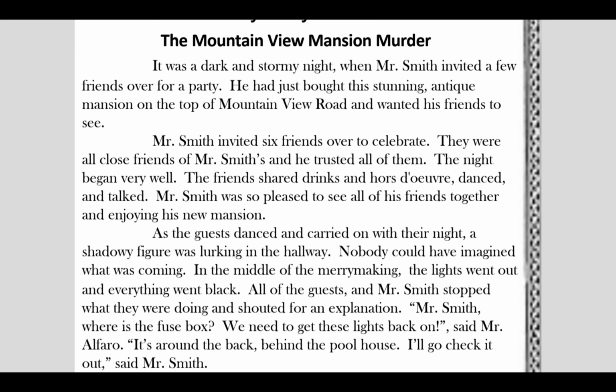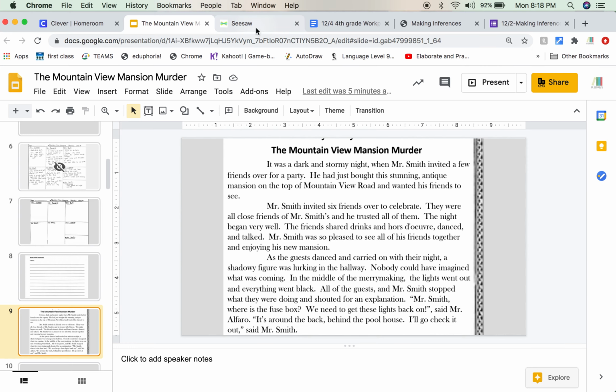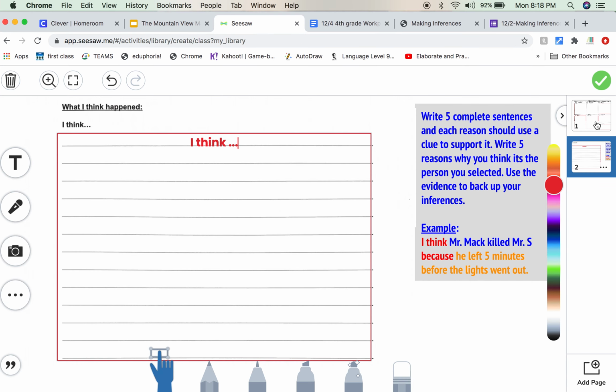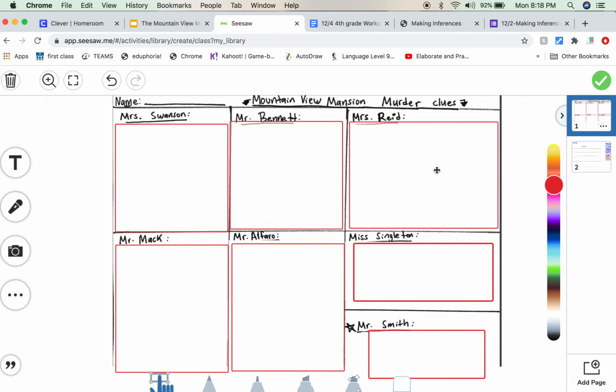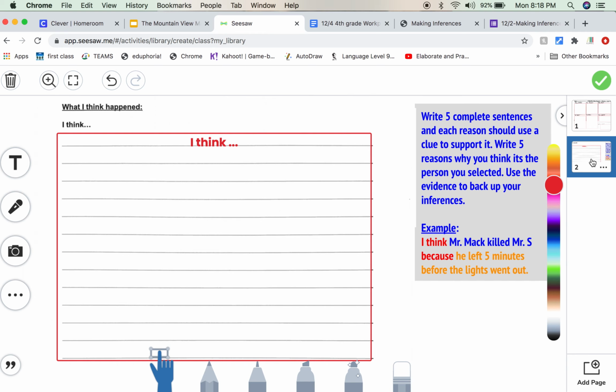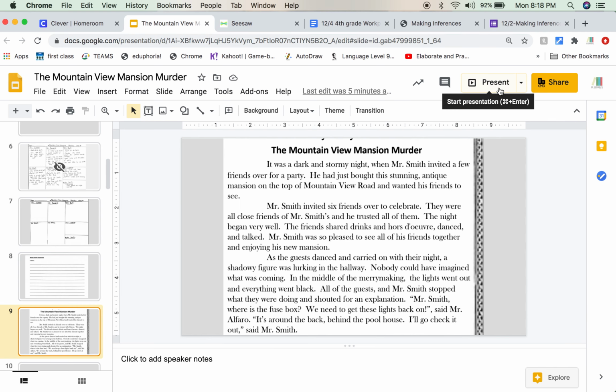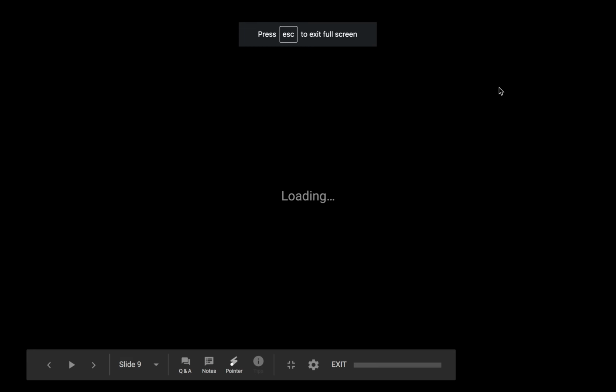Today you're going to solve the new mystery, and you're going to try to solve by making inferences who killed Mr. Smith, who murdered Mr. Smith. And in Seesaw, you will complete the notes by typing in the red text boxes and then writing 5 complete sentences on the what I think happened. So let's get started.